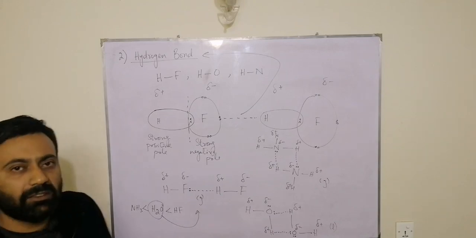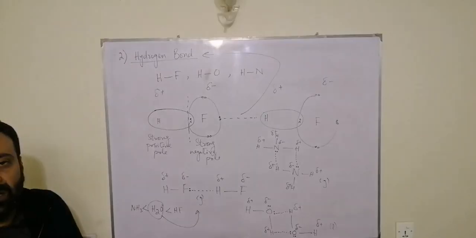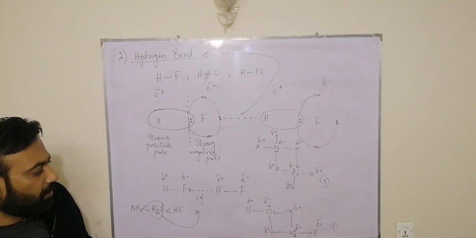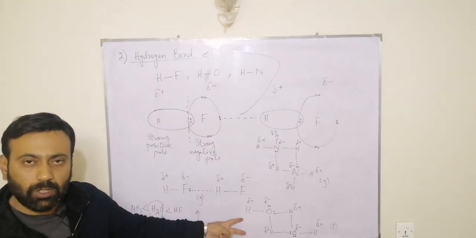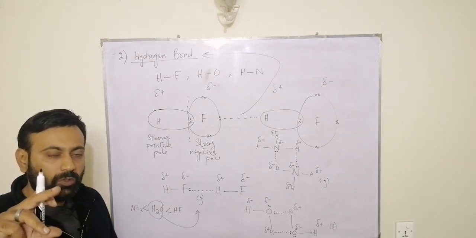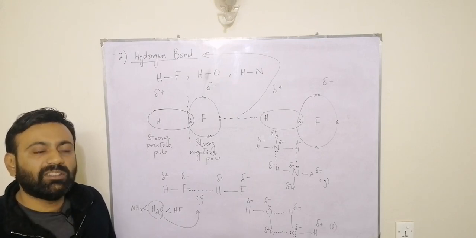You may be asked in your examination about the reason behind this, and there is a very simple answer to that. See, the number of lone pairs in a water molecule is 2, and the number of hydrogen atoms in a water molecule is also 2. So it can form 2 strong negative poles and 2 strong positive poles.